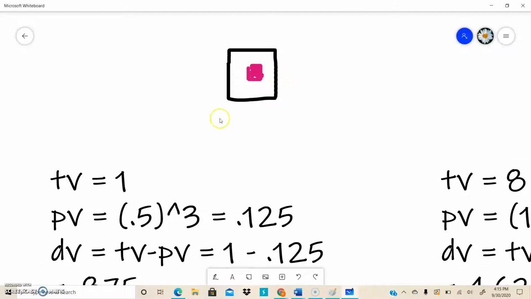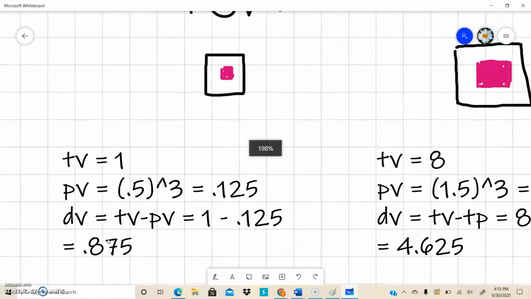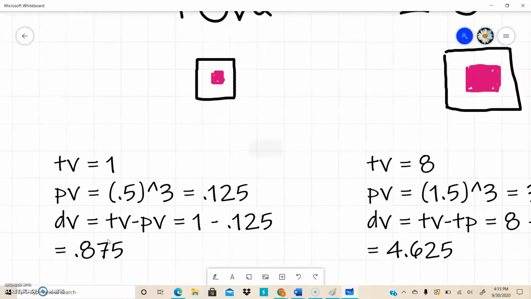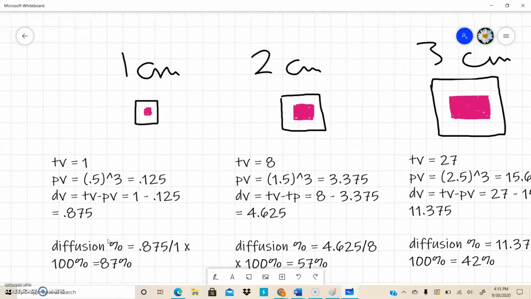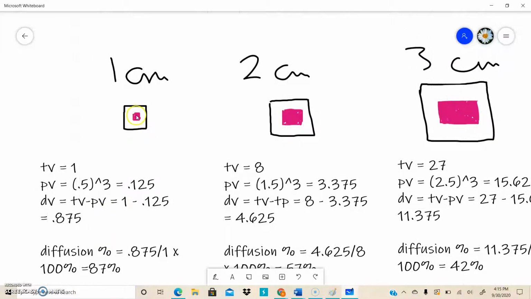Therefore, that is going to be 5 millimeters as well. So 1 minus 0.5 gives us 0.5 as well. So the new side, the side of this pink cube, is going to be 0.5.